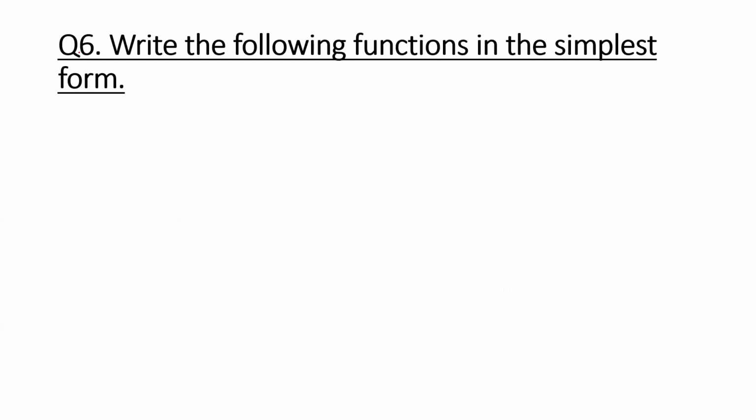Next is this one. We need to write in this simplest form: tan inverse of x by under root of a square minus x square. Then who can tell me? Seth, can you tell me in place of x what value we can put? Please check the previous table.